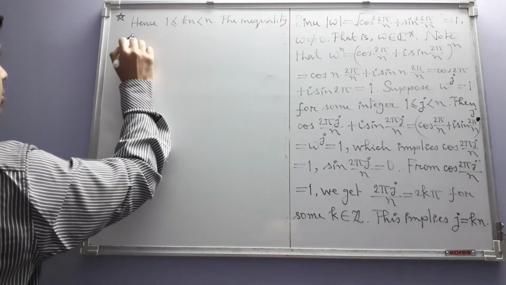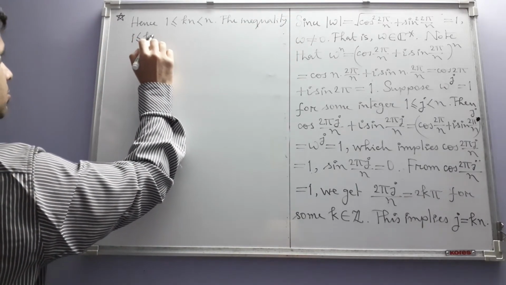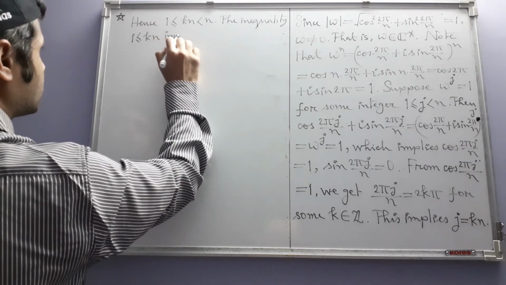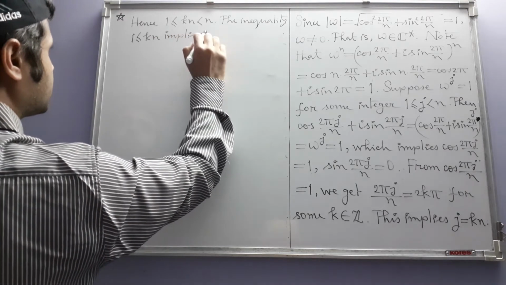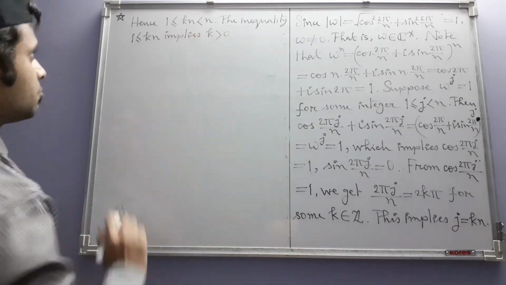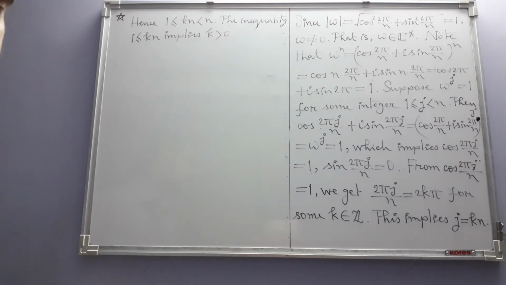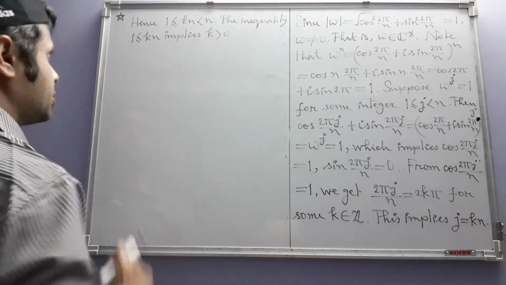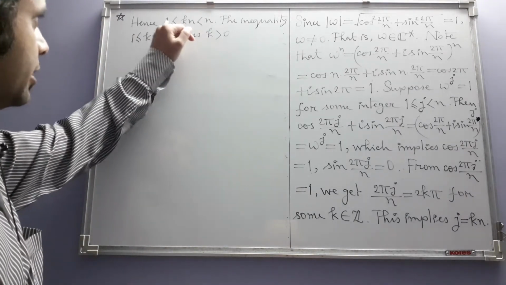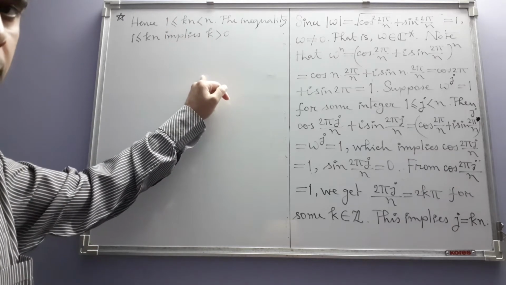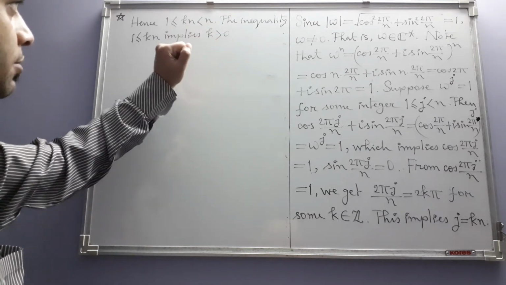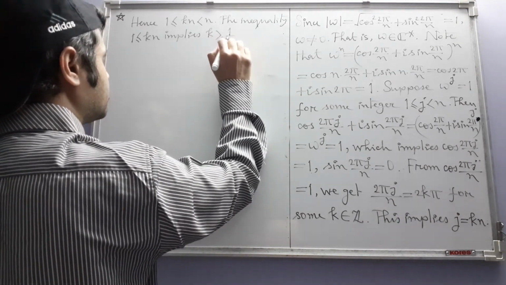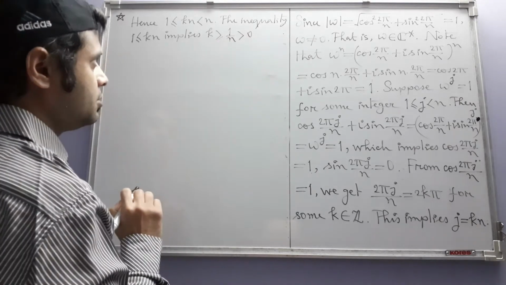The first inequality implies what? It implies k is positive, simply because k is greater than or equal to 1 over n. n is already positive, that we know. k is greater than or equal to 1 by n, and 1 by n is positive.